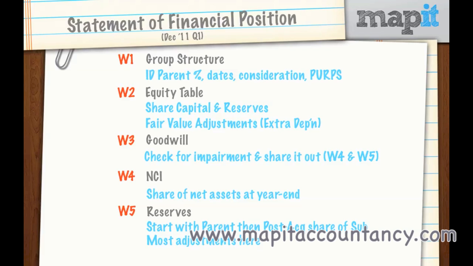So this is where we catch all of the rest of the information that we haven't dealt with yet in the question. Have a look through this. See if you can do your working 5. See if there are any other adjustments such as an associate that you will need to calculate the post-acquisition profit on, and then bring it into your working 5. Pause the video now, try that, and then work through the answer with me.